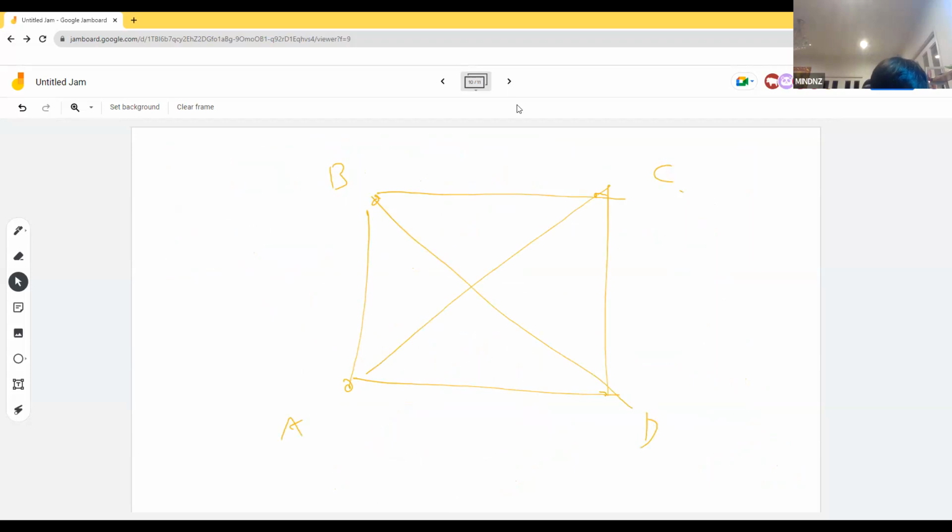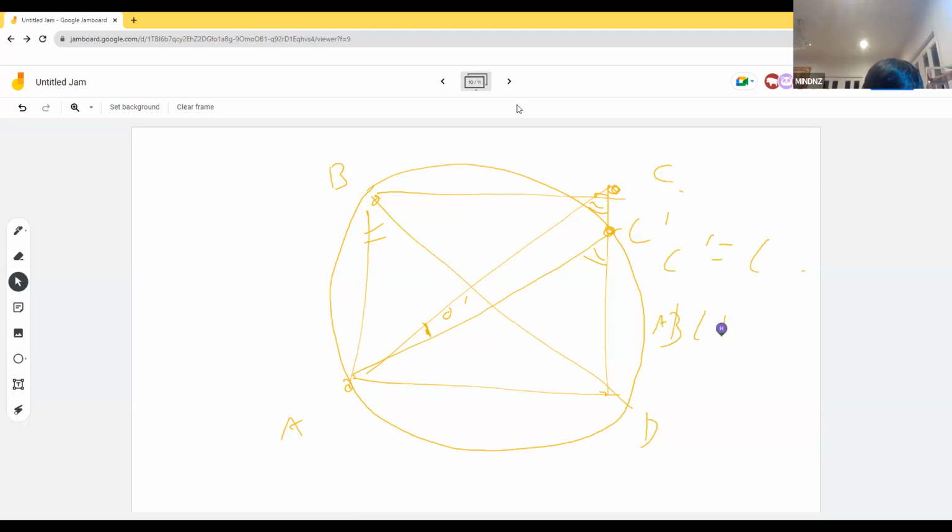Again, we construct the circumcircle of ABC, and it does not intersect C. Instead, it intersects DC at C dash. Again, we know those two angles are equal, and it's also equal to this. So this angle must be 0 degrees. So C dash is equal to C. So ABCD is cyclic.